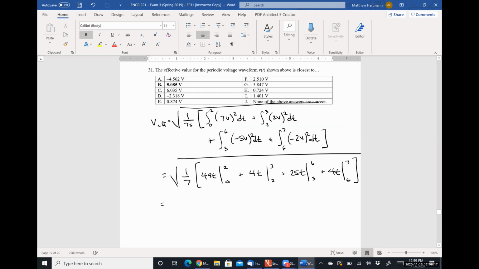So that would be square root of 1/7 times 49 times 2 plus 4 plus 25 times 3 plus 4.